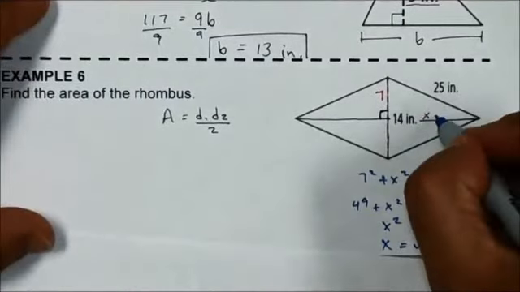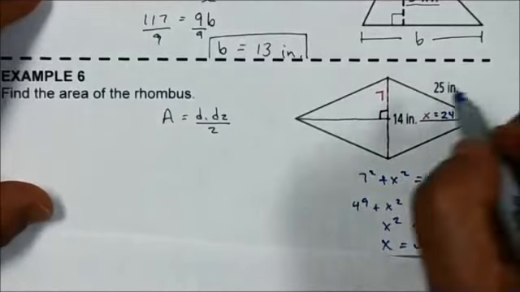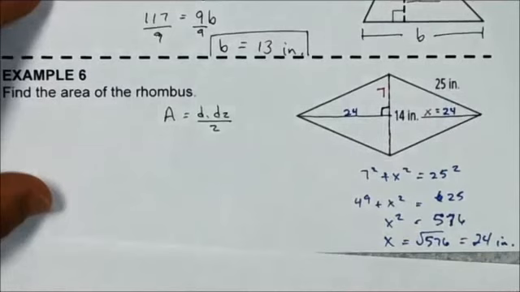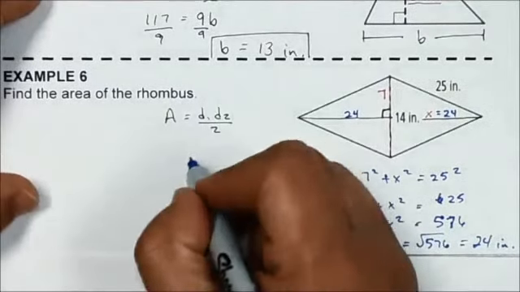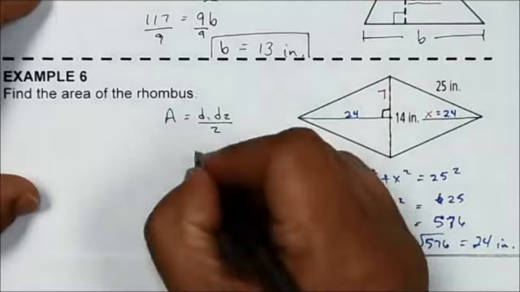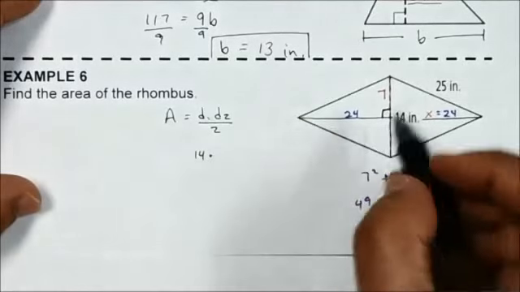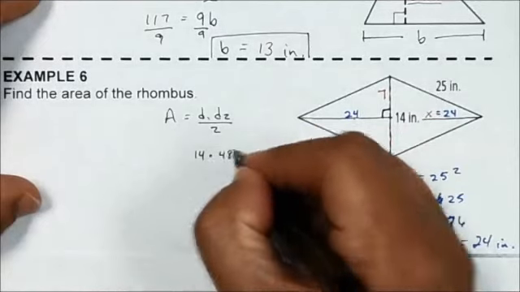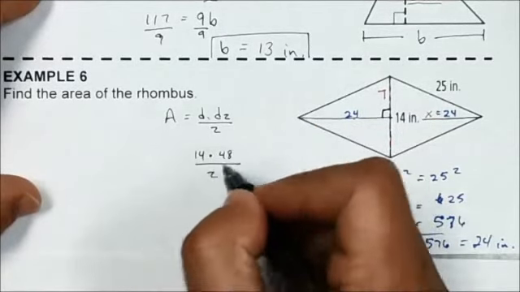But that's only this part of it. So if I want the total diagonal, if this is 24, then this is 24. So one diagonal I know is 14 times my second diagonal, which is going to be 24 plus 24, so that's 48. And I want to divide that by 2.